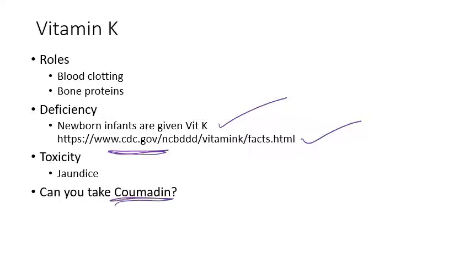What is Coumadin? What does it have to do with this? Let's just say you're taking the medication Coumadin. It's not that you cannot take vitamin K products, but Coumadin has the opposite effect from vitamin K. Vitamin K helps blood clotting. Coumadin doesn't.